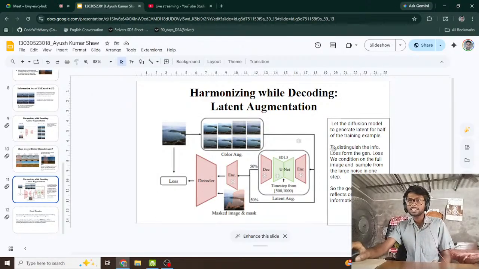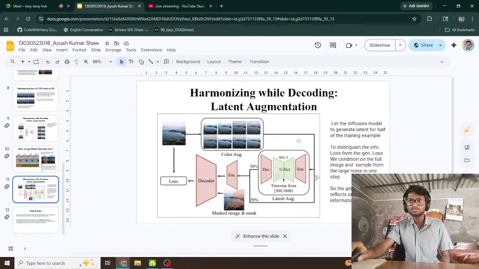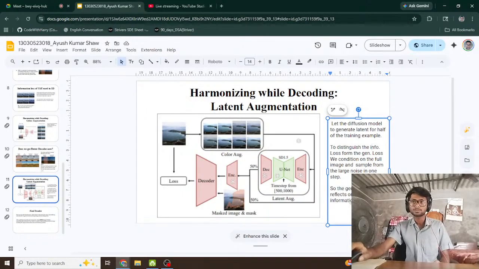This helps to distinguish the information loss from the generation loss, and the conditioning, as we are providing the full image and a certain portion of the color augmentation.